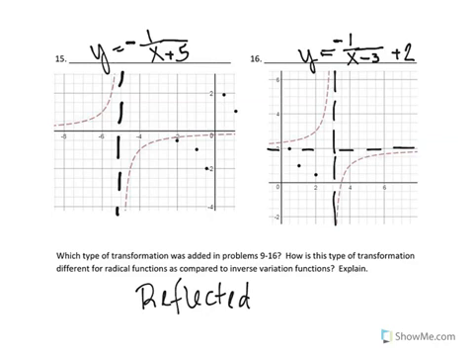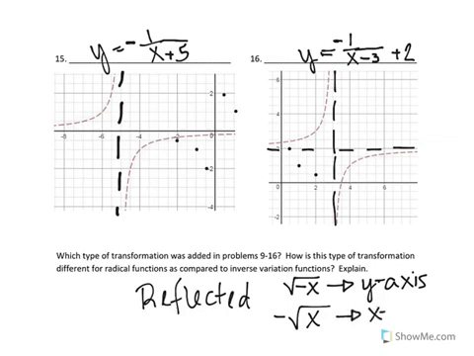Now with the square root function, when we had a negative x inside, that was a y-axis reflection. When we had a negative outside, that was the x-axis. With the inverse, just a negative is all that's needed because either way it's going to do the same type of reflection.